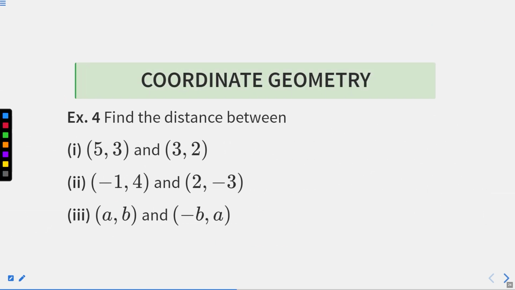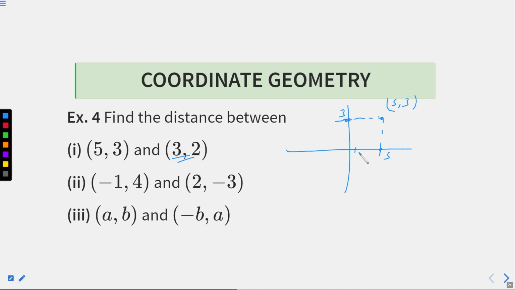For example, let's suppose first we plot the points. The point (5, 3): x is 5 and y is 3, meaning first quadrant. So in the first quadrant we have the point somewhere here, (5, 3). And this is also in the first quadrant, (3, 2). So this is 5, this is 3.